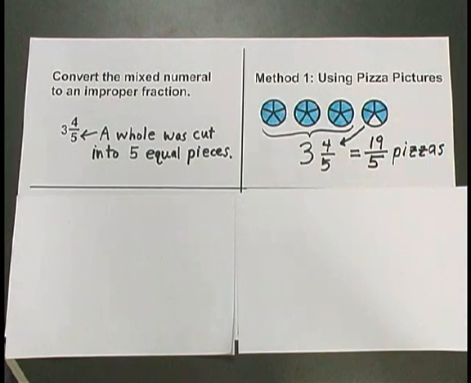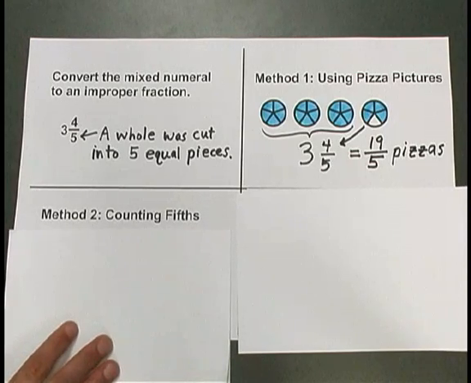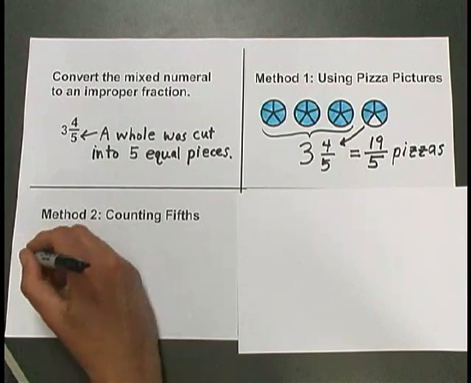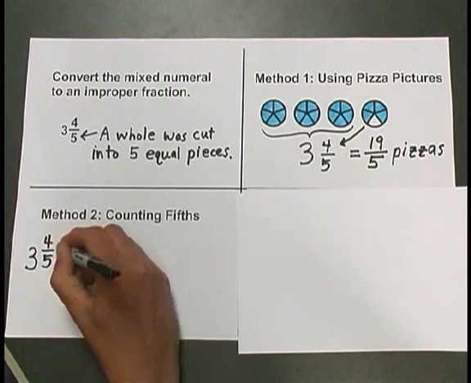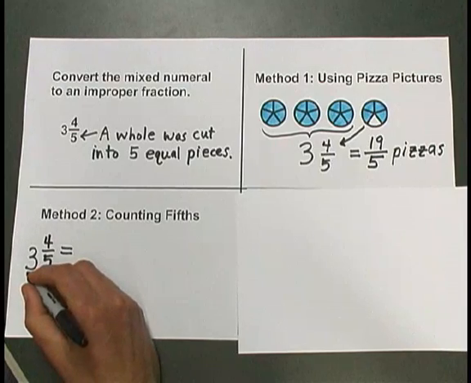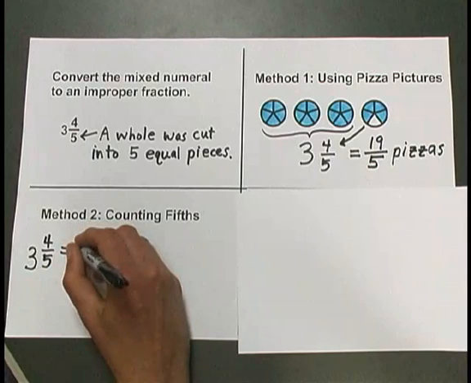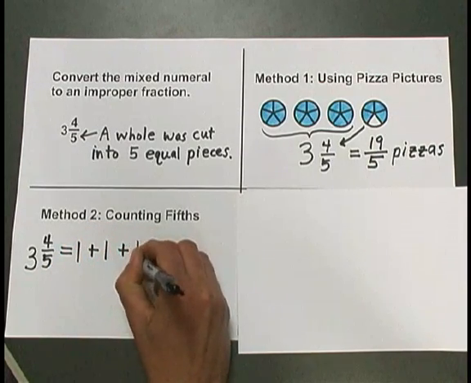Now, it's not always so easy to draw pizza pictures. Here's another way we can look at this problem that involves counting fifths. Let's take our mixed numeral, 3 and 4/5, and I can think of it in the following way. The whole number 3, I can think of as 3 separate wholes. One whole, plus a second whole, plus a third whole.